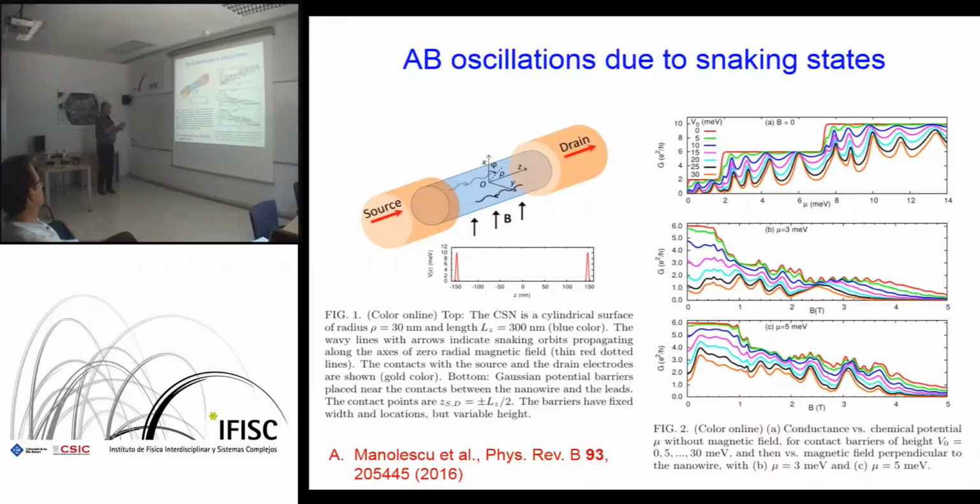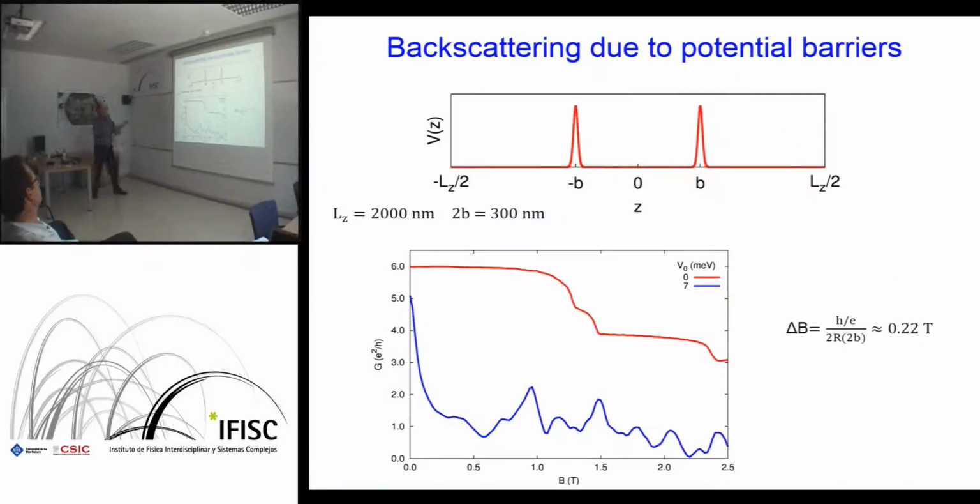Now, to go further and try to create a model which is even closer to the experimental model, we took a long nanowire, so 2000 nanometer, and put barriers in the middle.